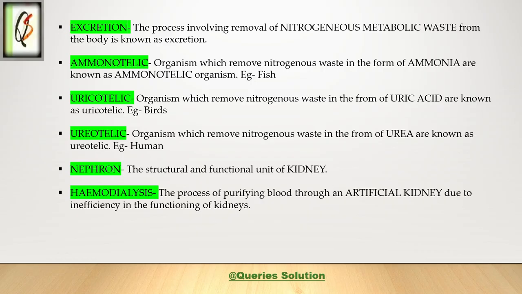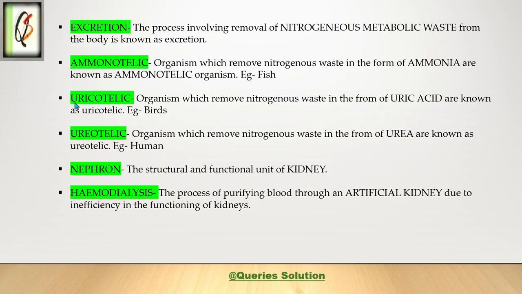And in excretion, depending on what type of nitrogenous waste the organism's body is producing, we have studied three different categories. The first one is ammoniotelic, in which the nitrogenous waste is ammonia, and such organisms, mainly aquatic organisms, are known as ammoniotelic.